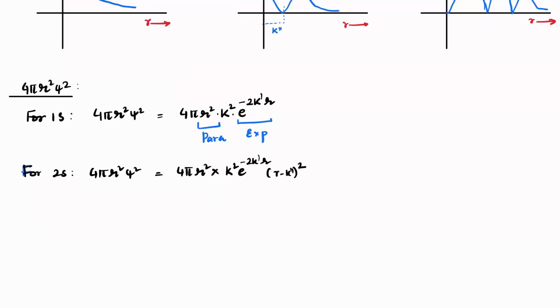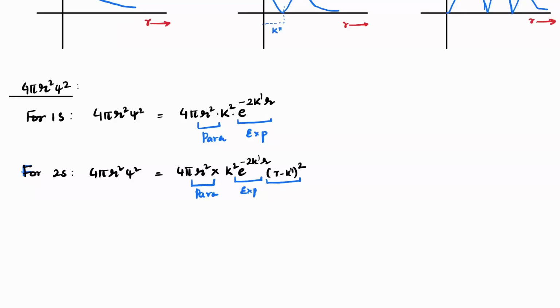So this is the function. So again, you will have an exponential function and again a parabolic function. This will help us to understand whether it will dip or it will touch on the axis here. Okay.